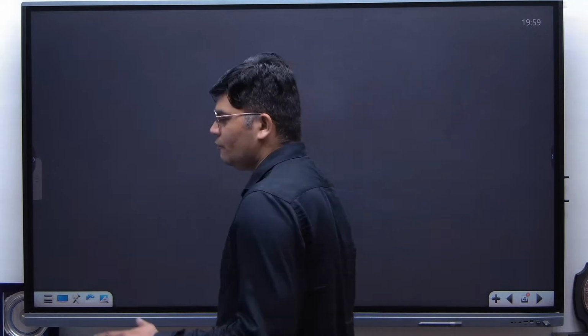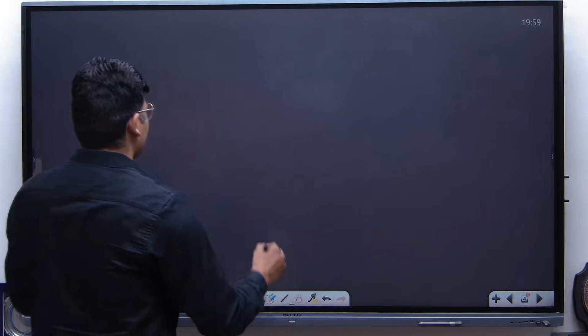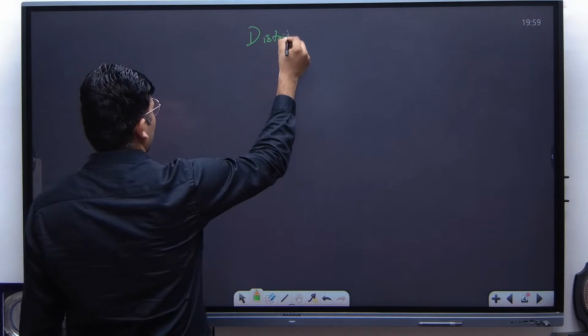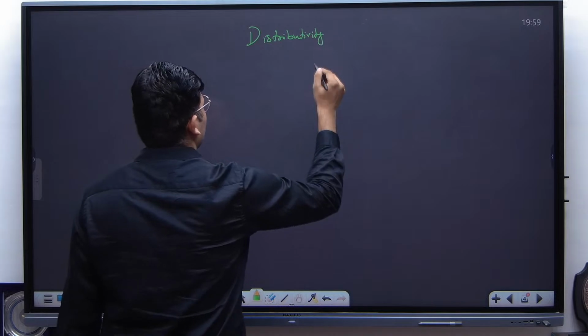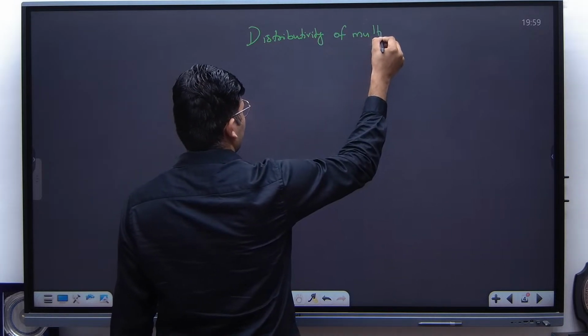Okay, so we learned three properties: closure, commutative, and associative. Now the next property is the distributive property. You know what the distributive property is? Distributivity of multiplication over addition.